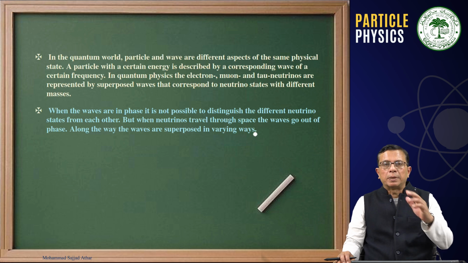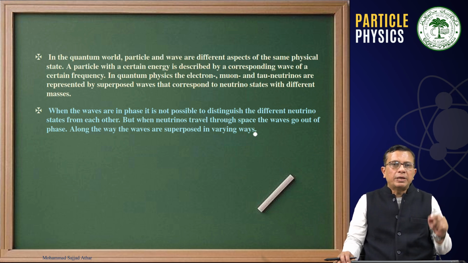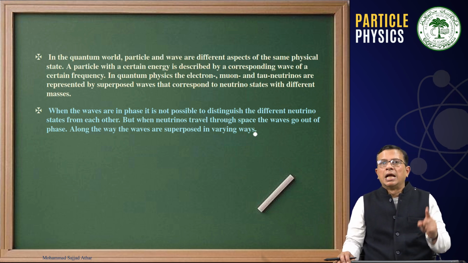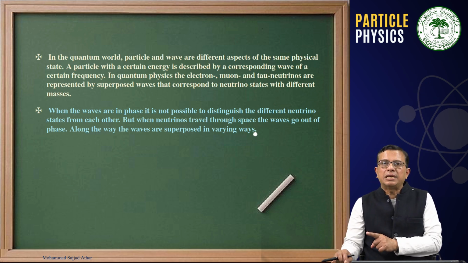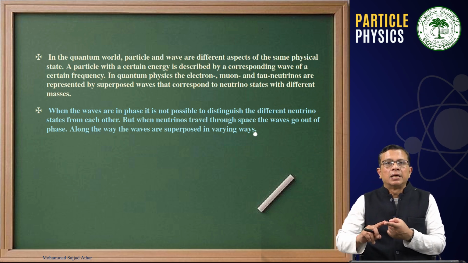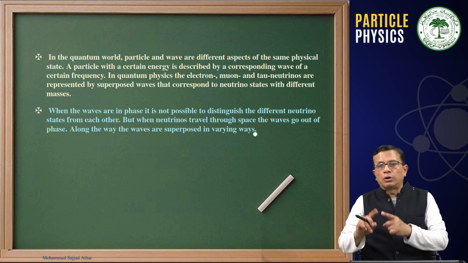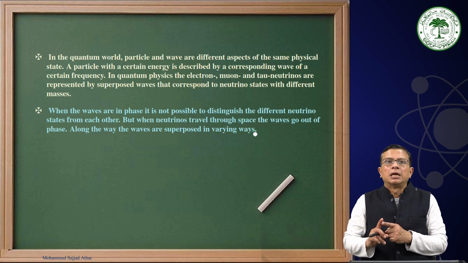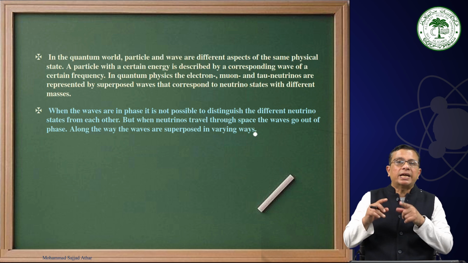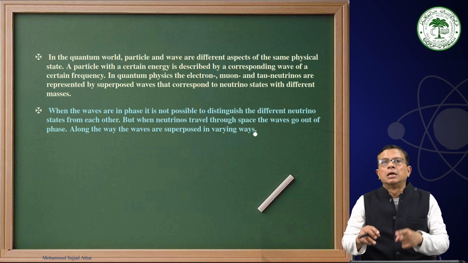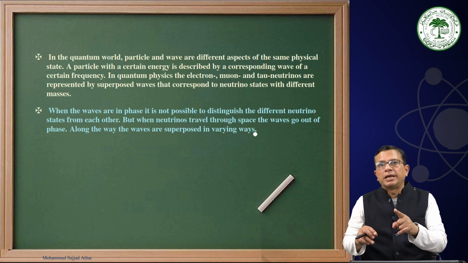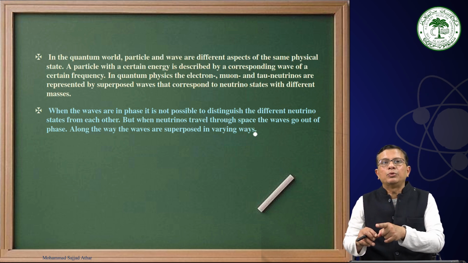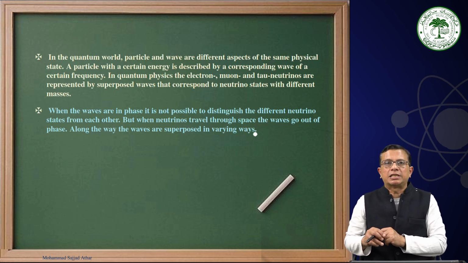Therefore, what is happening is that we have flavor states as the production state or as the detection state, as we have seen that we are detecting an electron or muon or tauon in the final state, because nobody can see a neutrino directly, as we have discussed. Therefore, we are talking about the signature of nu e, and the signature of nu e will be an electron in the final state to conserve lepton quantum number.